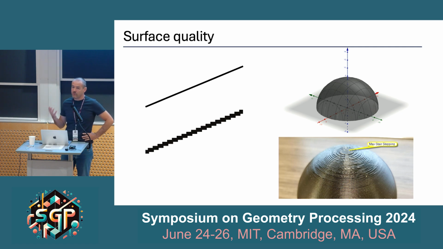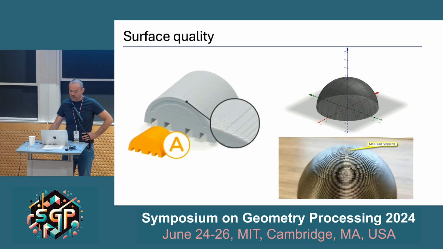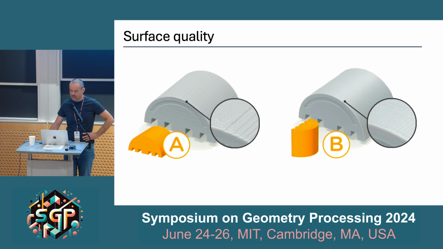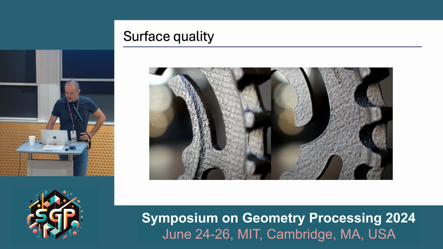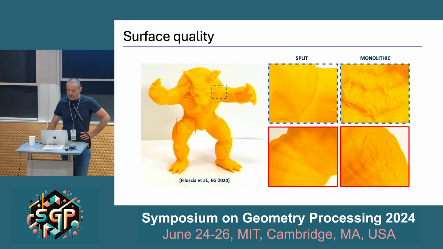The only difference is that when you print, you have a lower resolution in the Z, the vertical direction, and this is something that you can exploit to find orientations of your object in the building chamber that optimize the quality, because of course, since aliasing is not the same in all the directions, you may choose the one that optimizes the quality of your print. And if you have complex objects, you can even choose to split these objects into separate parts so that each can be oriented optimally for the sake of surface quality.